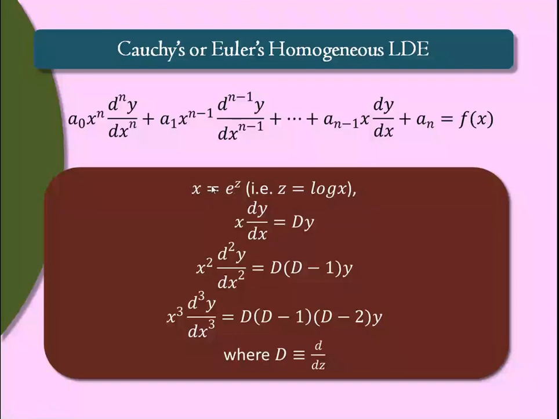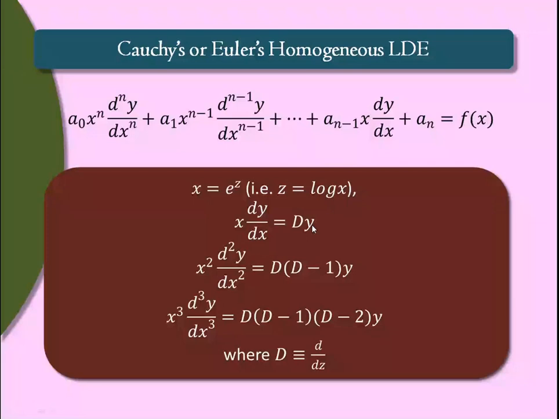It is enough to remember the formulas for Legendre's equation, and in Legendre's equation, take a equal to 1 and b equal to 0, which gives the corresponding formulas for Cauchy's equation. So the substitutions for Cauchy's are x equal to e raised to z, so z is log x. Then x dy by dx becomes dy, that is, there it becomes a dy, but we are considering a as 1, so it becomes just dy.